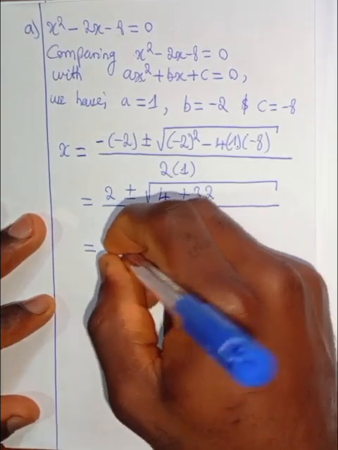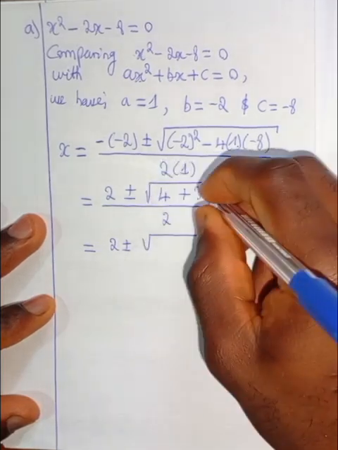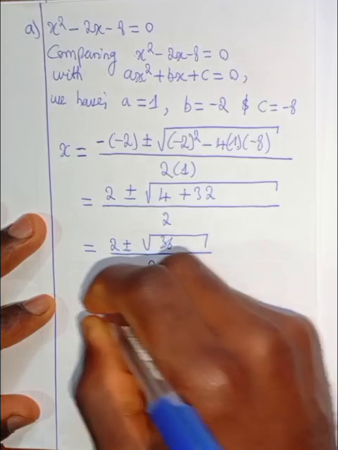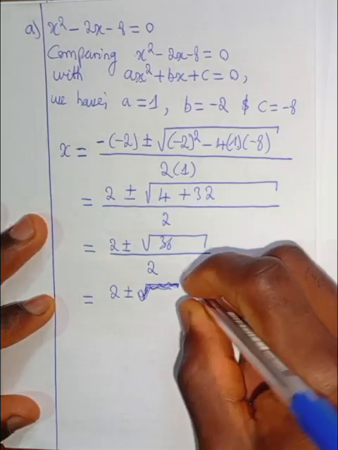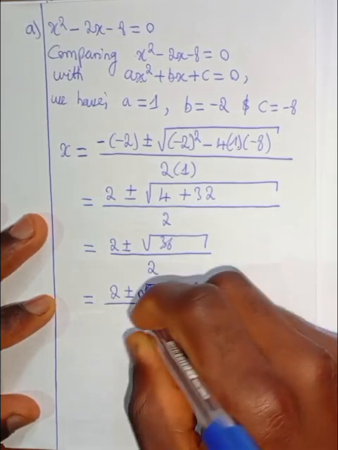This will simply be equal to 2 plus or minus the square root of 4 plus 32 gives us 36, all over 2. So this will be equal to 2 plus or minus, if you take the square root of 36, it gives you 6, all over 2.